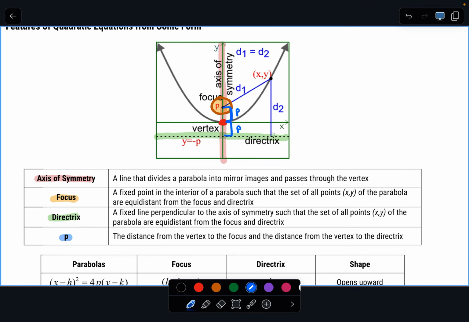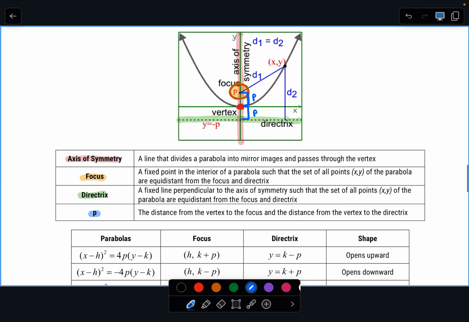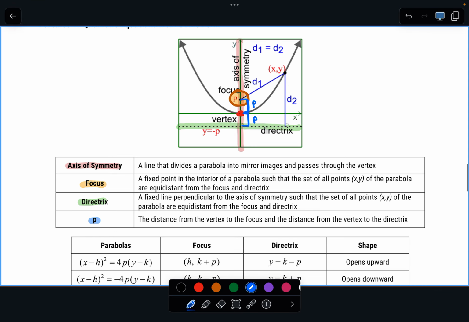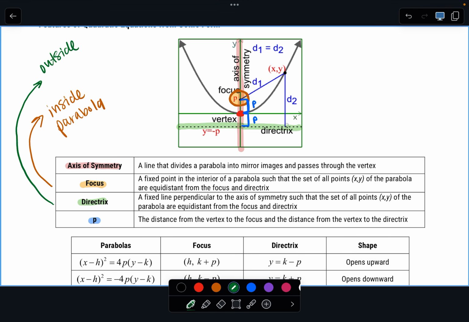The most important thing you're going to take away from this is knowing what they are, because you have to know what they're called so you can identify them. But the big thing to know and write: the focus is inside the parabola, and the directrix is outside the parabola.